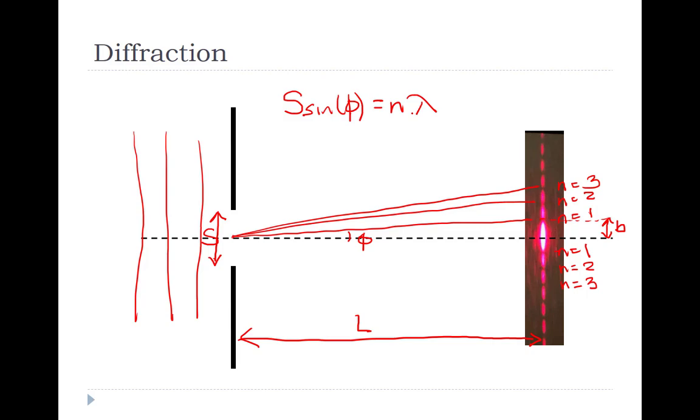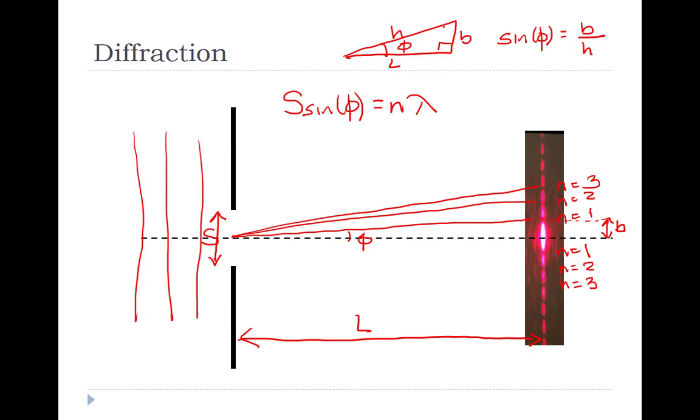Measuring that angle is difficult, but if you look, we have a triangle where L is on this side, B is on that side, phi is here. Sine phi is technically the opposite side B over the hypotenuse, which would be this side, because here's our 90-degree angle.